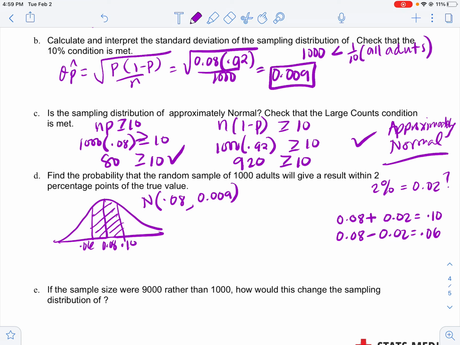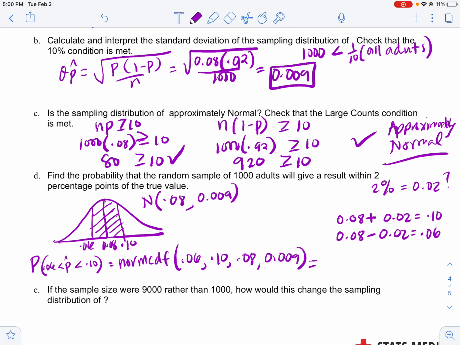So I'm going to do the probability that P hat is between 0.06 and 0.10. In the calculator, it's very easy: go to normal CDF with 0.06, 0.10, 0.08, 0.009. So let's do that in the calculator.